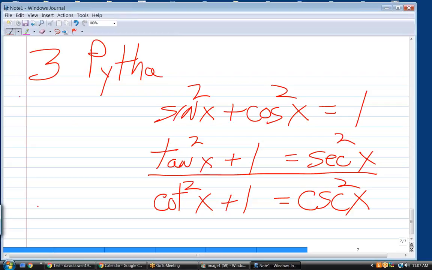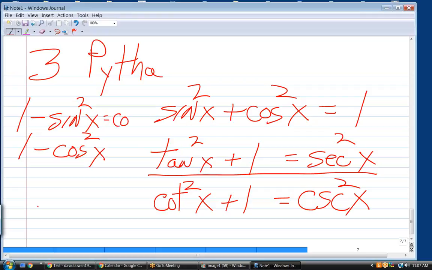More often than not, you see this or this. What's 1 minus sine squared equal to? 1 minus sine squared is equal to cosine squared.